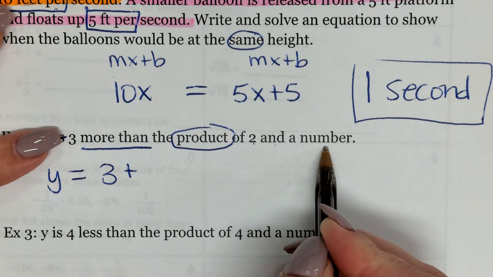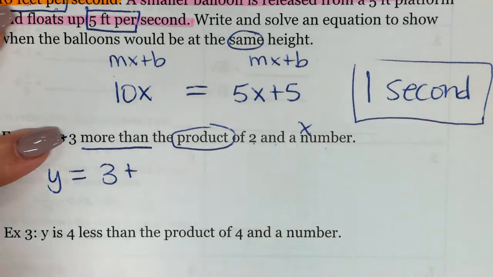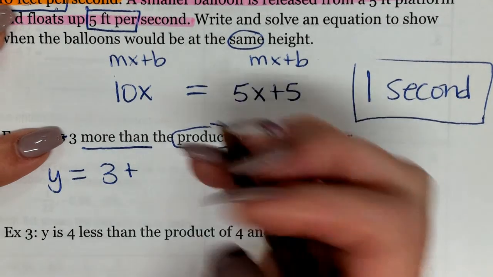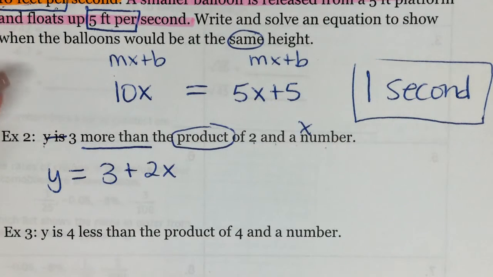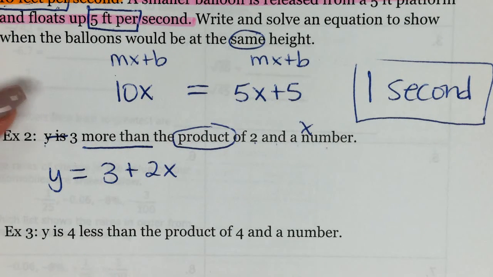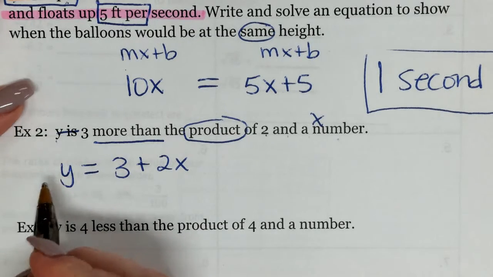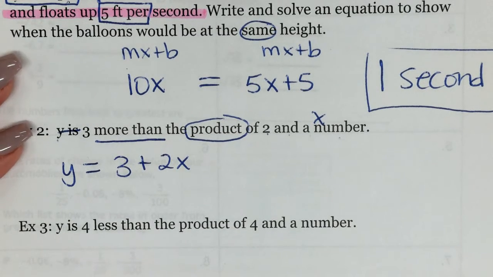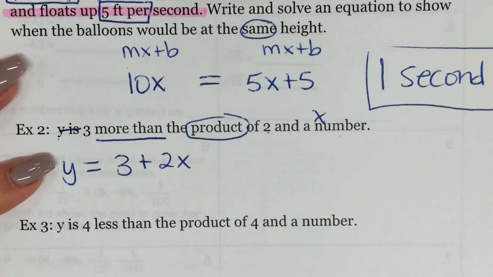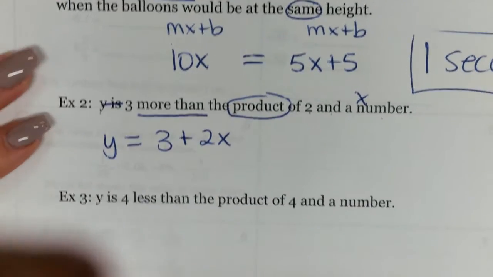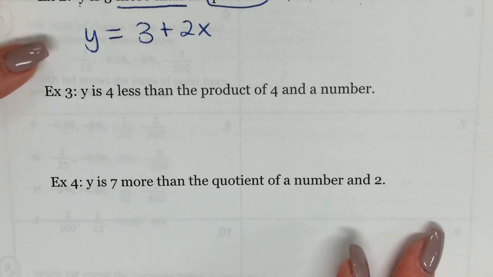Y'all remember what a number is? X. So how would I multiply 2 times x? Just 2x. And I'm done. You cannot solve that because this side doesn't have anything. So all it wanted you to do there was to write it, and you're done. What do y'all think? Not too bad? Okay, y'all ready for the next one?